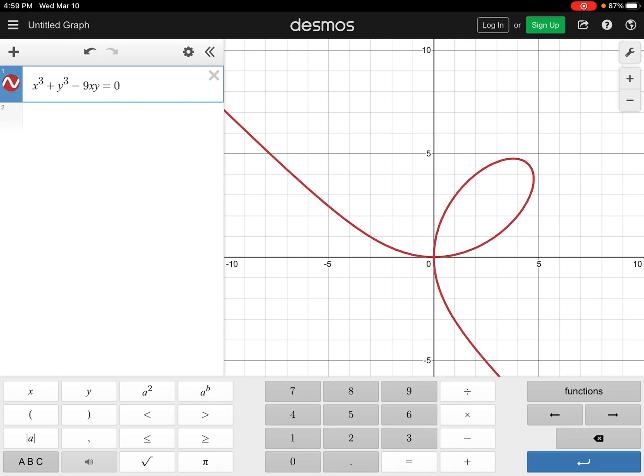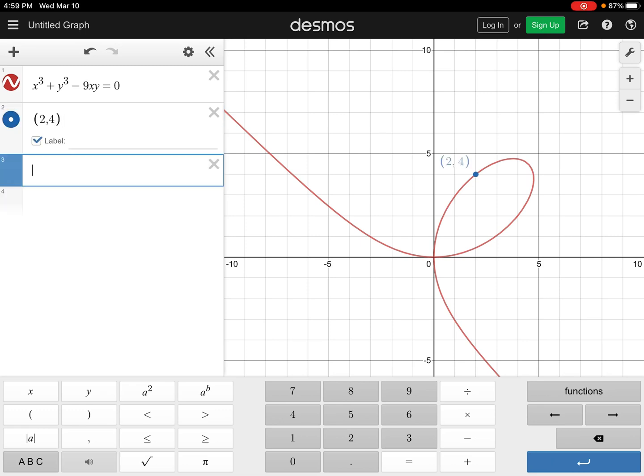There it is. It's a super cool curve. All right. (2, 4). Is it on there? It's on there. Okay. Let's label that guy.